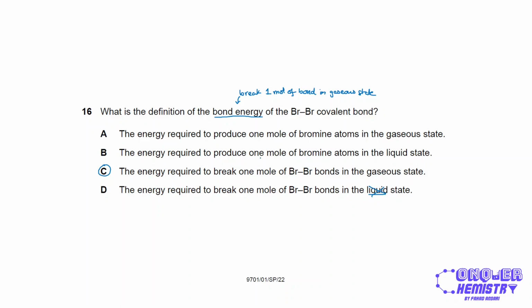And that too, we need gaseous bromine atoms. So 1 mole of bromine atoms in the gaseous state. This is the definition of the atomization energy of bromine, right? So this is option C, the bond energy of the Br-Br single bond.